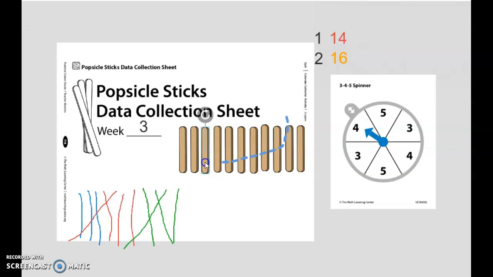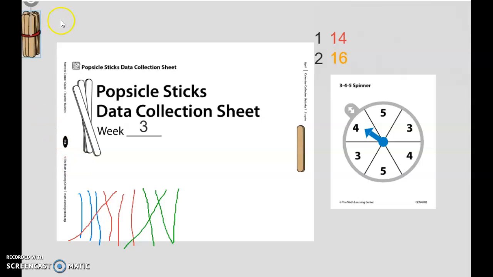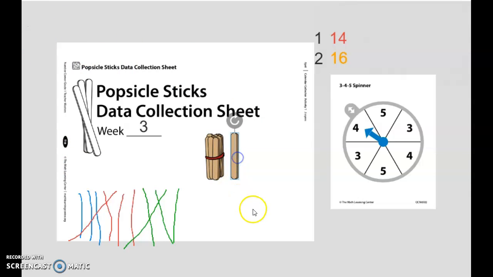I'm going to see if I can do all of these at once. Some of them. Well, we'll just leave these ones. It's being silly. And we get our giant bundle of 10. Here we are. And 1 more. So how many do we have? I'm not going to tell you because it's going to be our question for today.